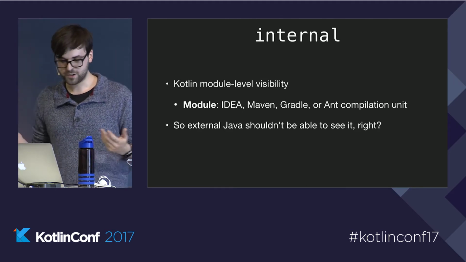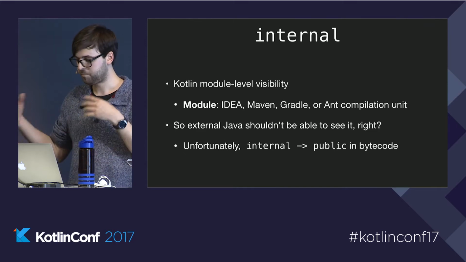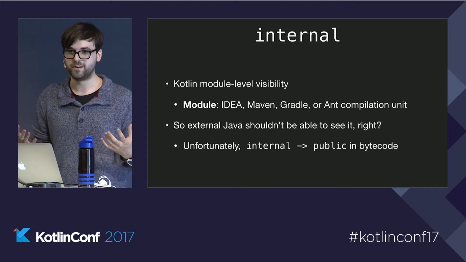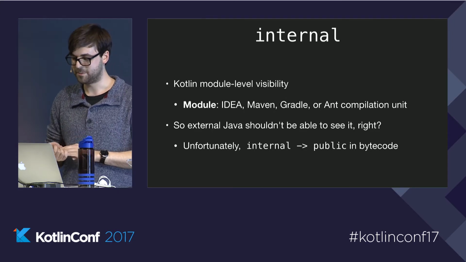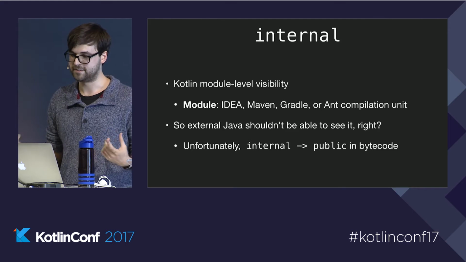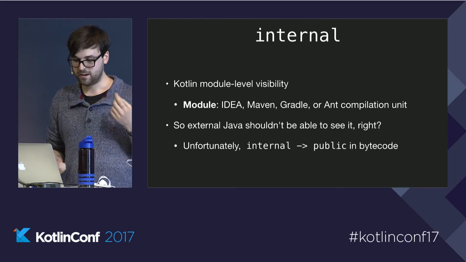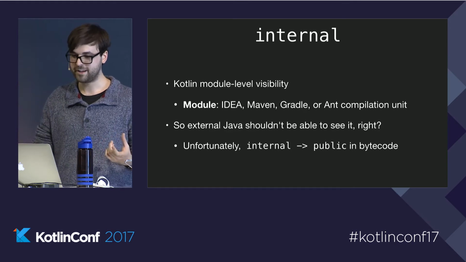But unfortunately, you still need to pick a modifier for the bytecode, right? These functions have to go into bytecode, and there is no internal word in the bytecode, right? So there's protected, private, package local, and public. And protected's not enough because you might need to use it in a Kotlin file that doesn't extend you. Package local is not enough because you might need to use it in a Kotlin file that's not in your package, that's in your module.